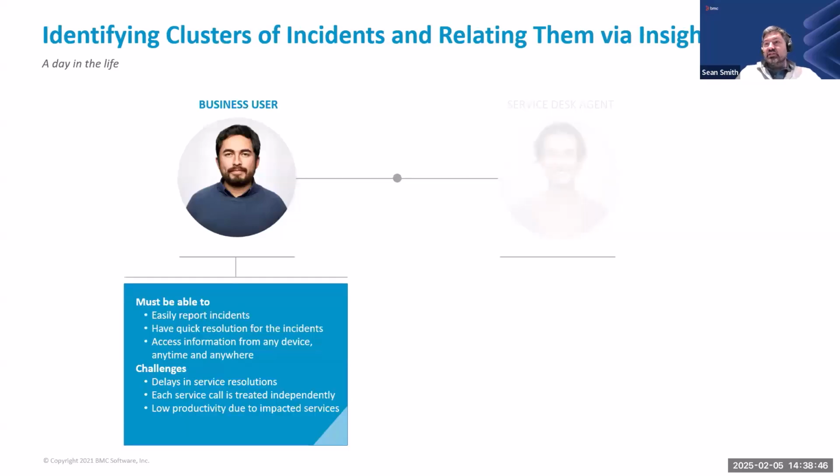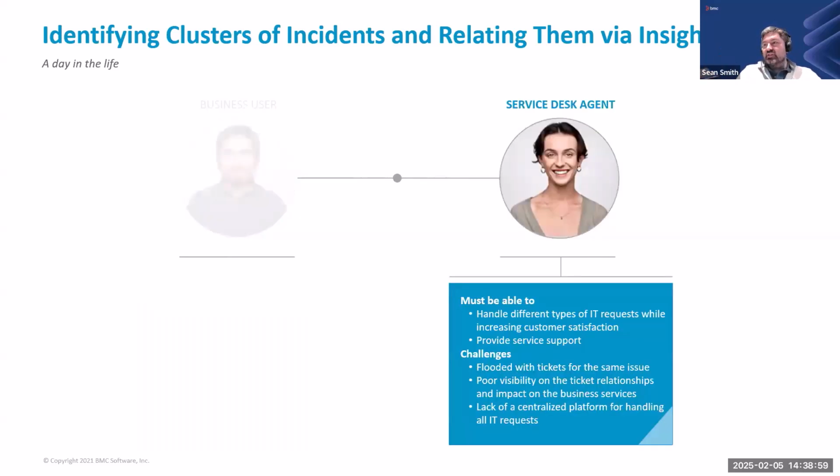So in this case, we've got a business user. Their challenges are that there are delays in service resolutions. There's low productivity because they're dealing with IT issues. You've also got the service desk agent. They're trying to deal with a huge influx of tickets, especially when a major service goes down. It always reminds me of a financial institution's mobile app that went down on Black Friday last year.